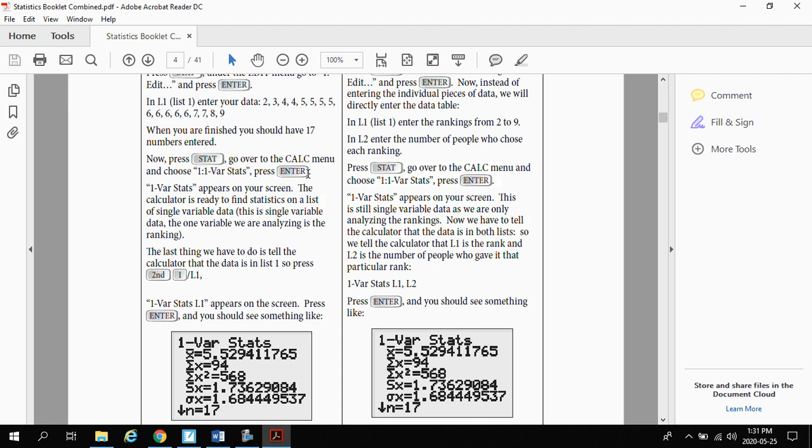If you have trouble, let me know and we can work over it together. But again, I think most of this comes from the TI 83 or 83 plus, I don't remember. So you might just need to scroll down one more part. So 1 var stats appears on your screen.